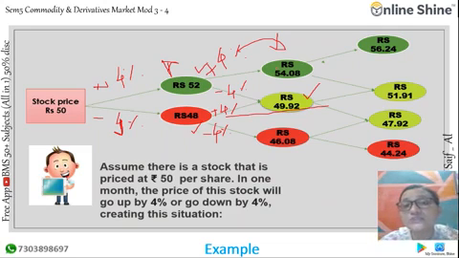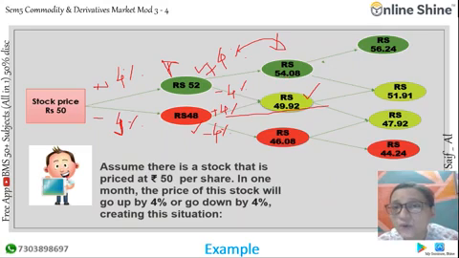We have to use the iterative procedure with the two possibilities. Now again the 48 rupees has two possibilities, upward 49.92 and downward 46.08. Now if we go to the third period, we can repeat this procedure.